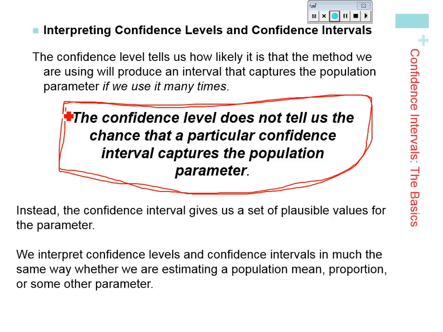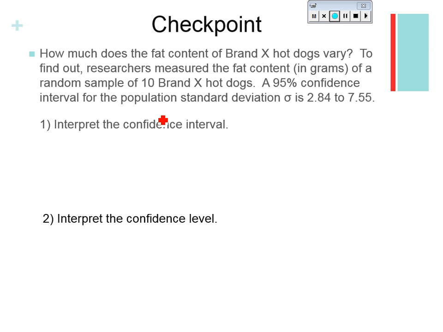That is not true. The confidence level is what we use to determine how many standard deviations away from the estimate we're going to carry our interval, both above and below the value of that estimate.